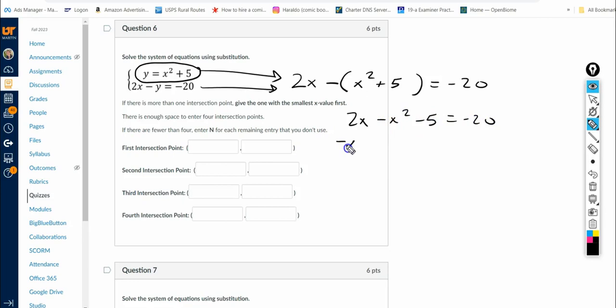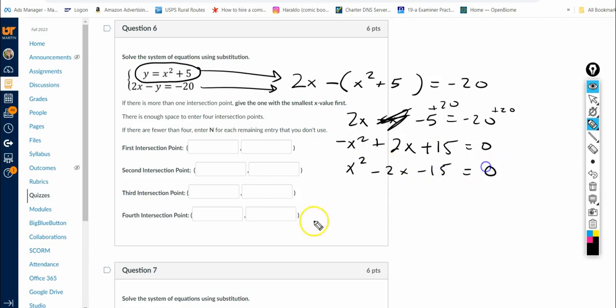Let's put the x squared term out the front, and let's add 20 to both sides. Now I want my leading term to be positive, so let's multiply everything by -1. And 0 times -1 is still 0.